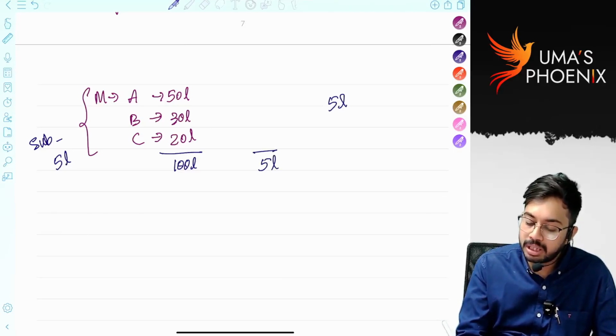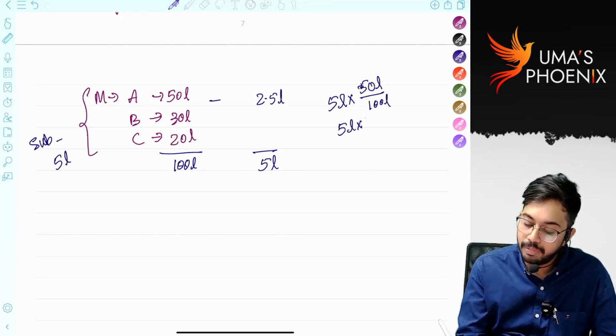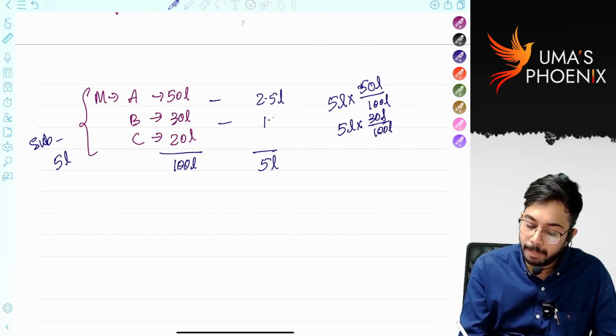Now we have to apportion subsidy based on actual cost. 5 lakhs into 50 lakhs divided by 100 lakhs, 2.5 lakhs. 5 lakhs into 30 lakhs divided by 100 lakhs, how much? 1.5 lakh. Similarly, it will come 1 lakh, correct?